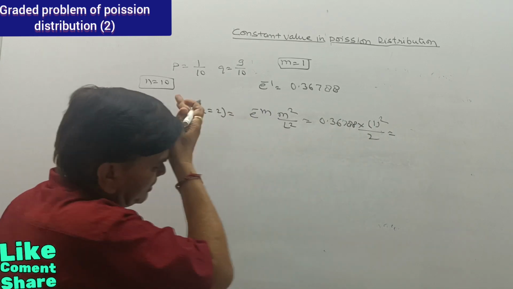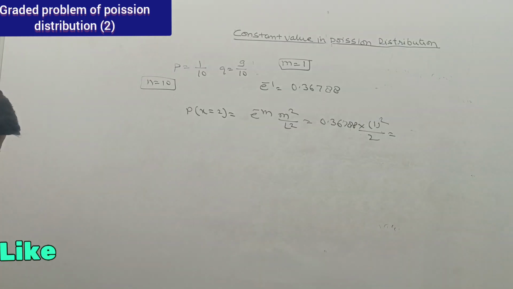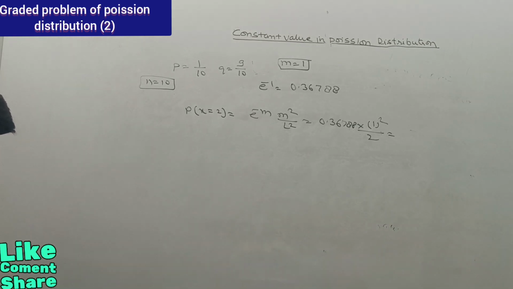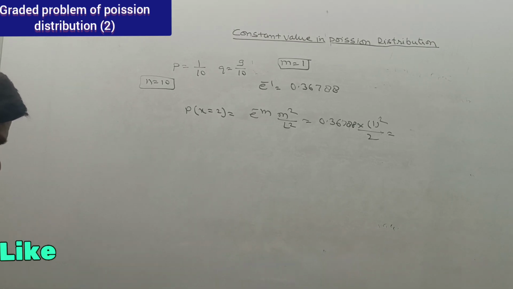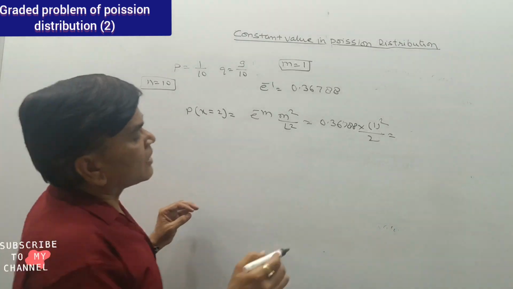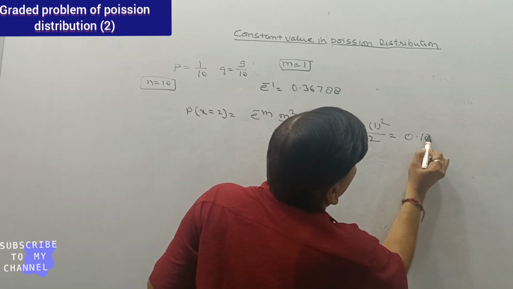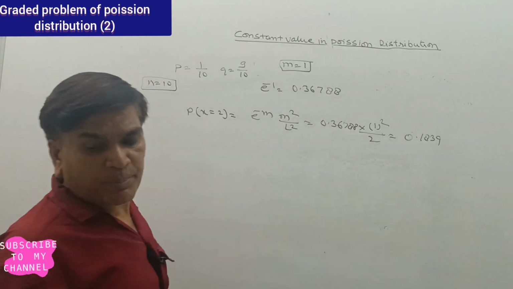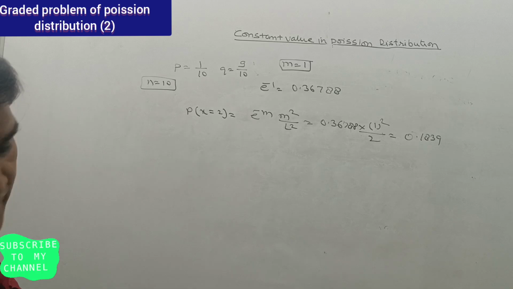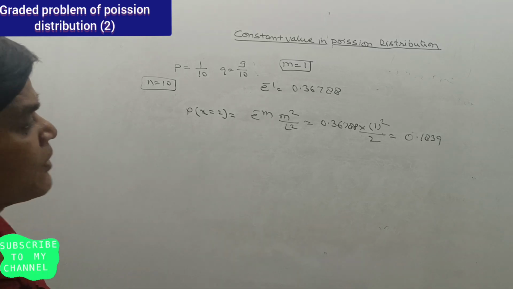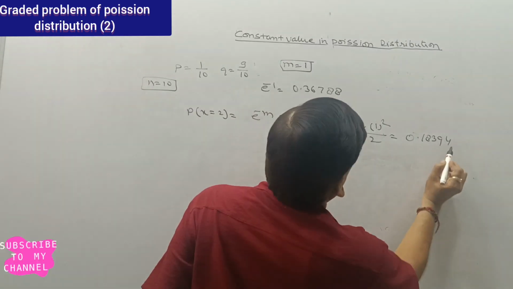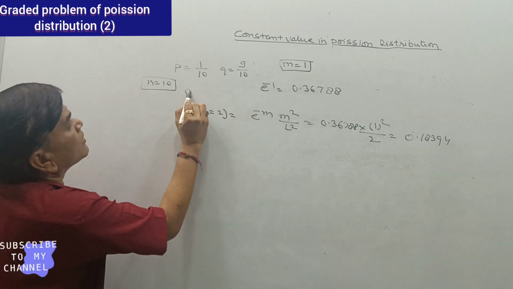So 0.36788 divided by 2 is 0.1839. So with the help of the Poisson distribution, we are having 0.18394. Now this is the Poisson distribution.